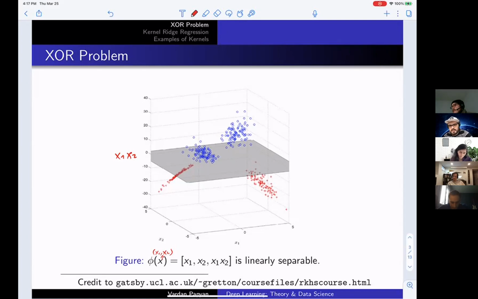What does it mean linearly separable in R3? It means that there exists a hyperplane that separates the data. And indeed, you can see here the hyperplane.